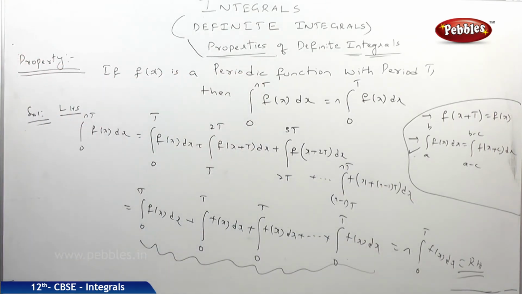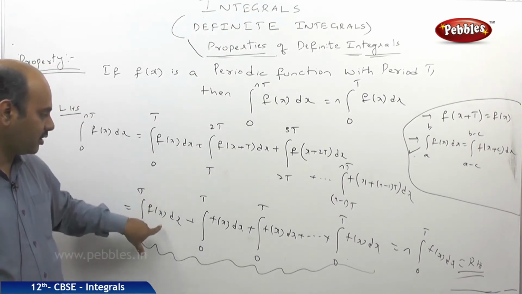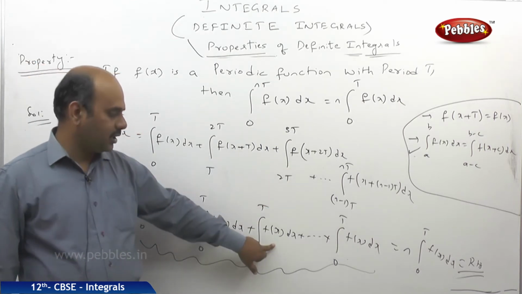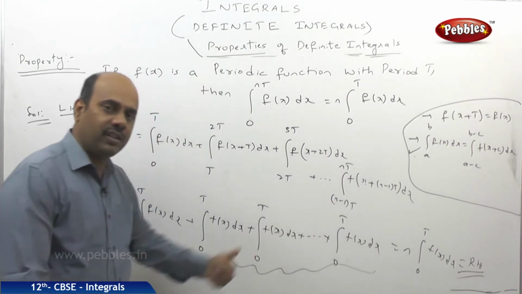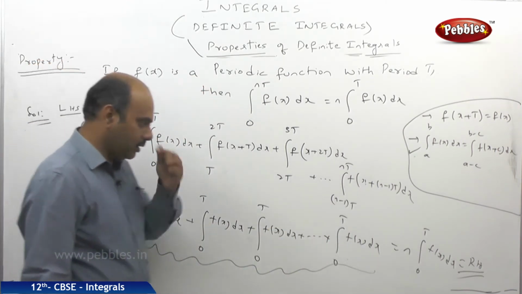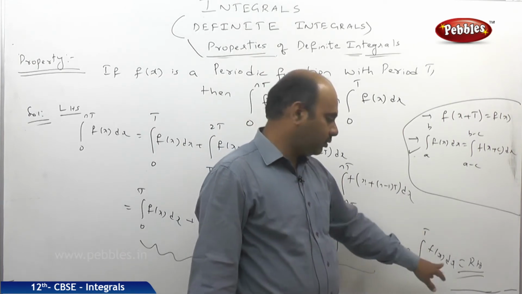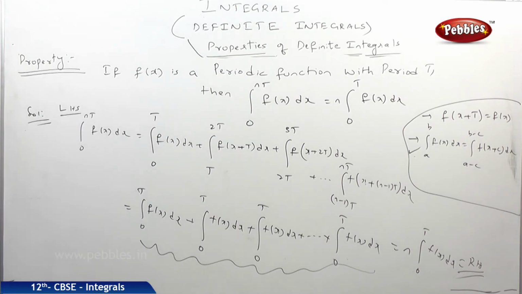As the function is periodic with period t, each of these becomes f of x. As these definite integrals are repeated n times, we will have the final result as n into integral of 0 to t f of x dx. Please copy. Very important.